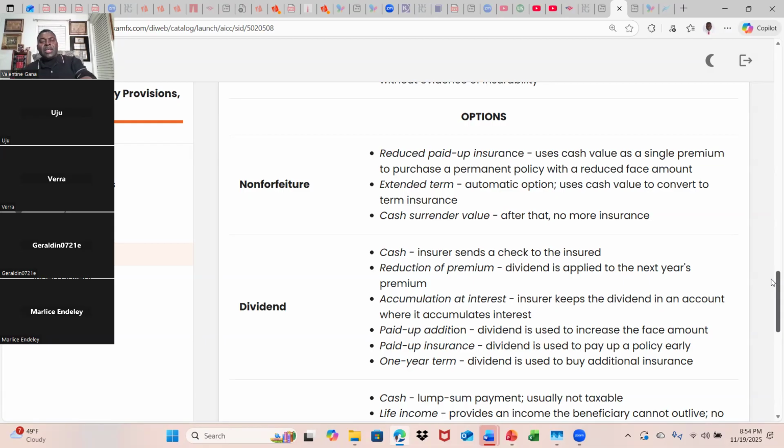Cash surrender just says, if you decide not to have that policy and you want to surrender it, they're going to pay you a certain amount of money based on when you are surrendering it. The later you surrender the policy, the more you're going to be paid.